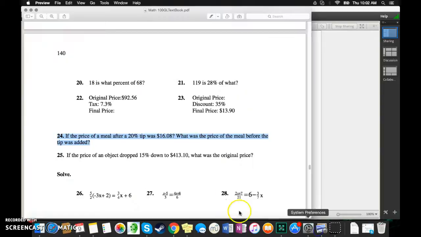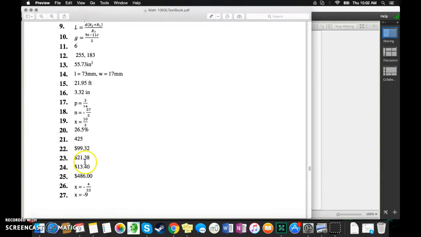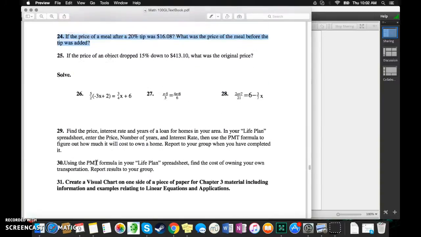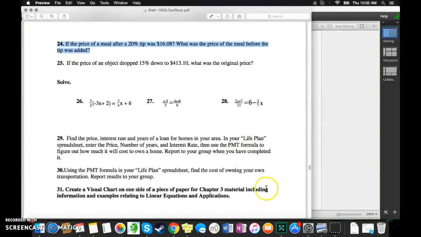So the way to think of this is we're going to end up with a solid number. But what we're going to do is get this, and then we're going to need a separate equation, and I'll show you why. So if we're going to divide by 0.2, 16.08 divided by 0.2. Where's my calculator?